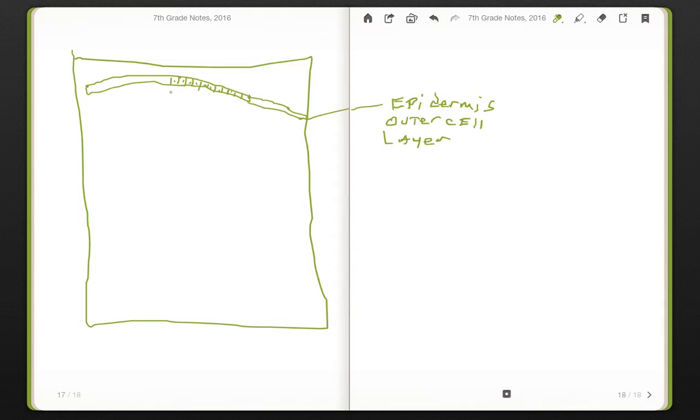And on the outside of that outer layer is a waxy coating on the outside of the leaf. And every leaf just about has this outer waxy coating. That waxy coating has a scientific name too, of course. It's called the cuticle.